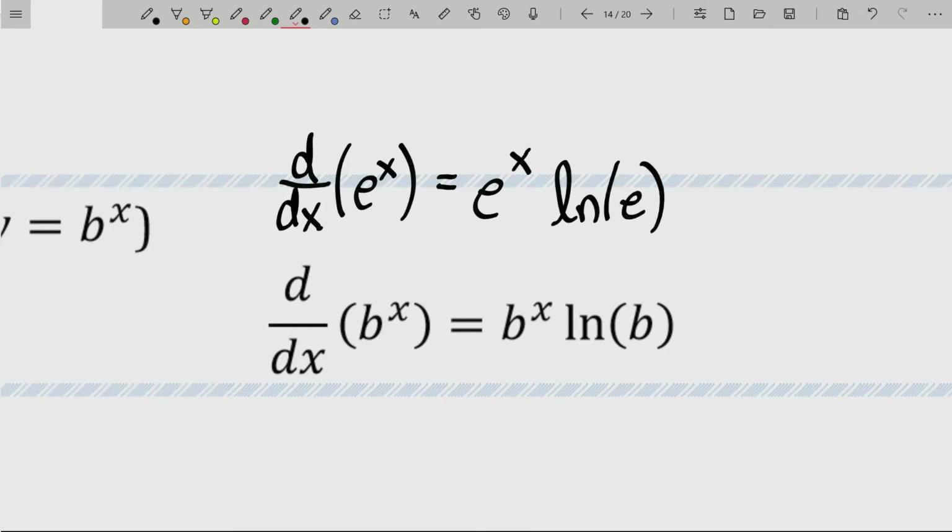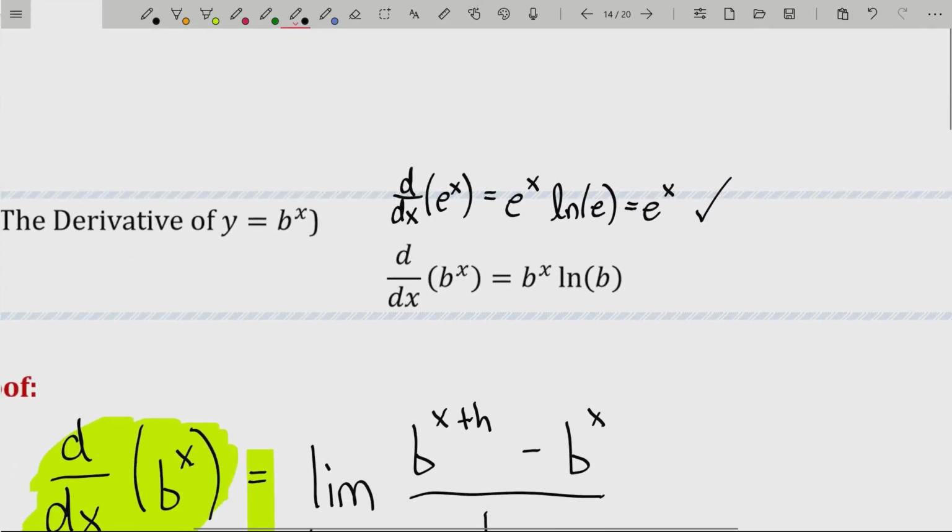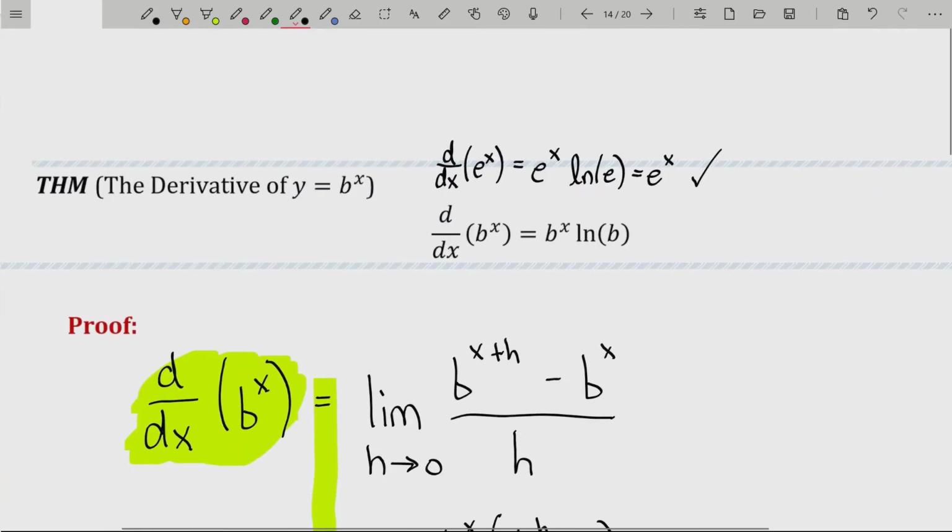But what's the natural log of e? Why, you're absolutely correct. It's the number 1. So it does check out. I just wanted to make sure that you knew that that theorem for the derivative of an exponential function holds for all exponential functions, not all except for e to the x. It holds for every single one of them.